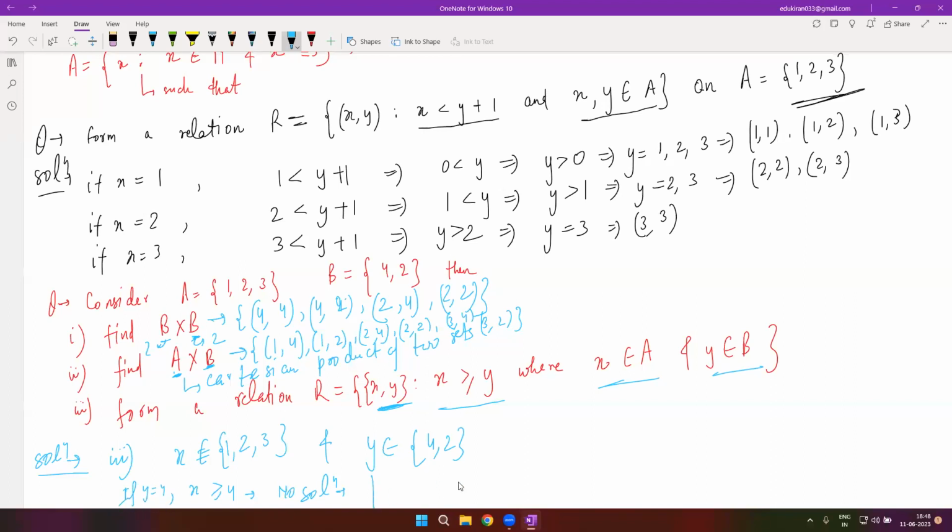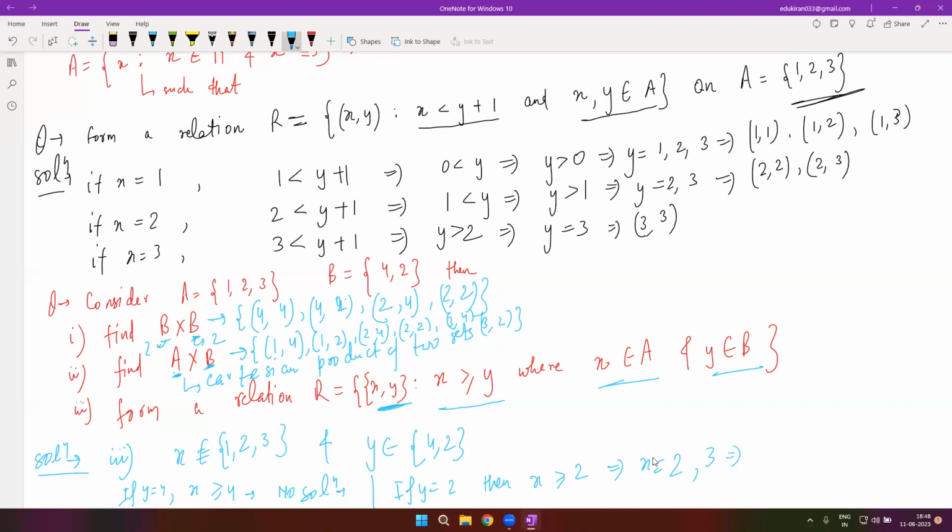Now if I choose y equals 2, then the condition x has to follow is x greater than or equal to 2. I have two options for this. x can take the value 2 or x can take the value 3. So in the first case, I didn't have any solution, but in the second case, when I change the value of y, there are two possible values of x, 2 and 3.